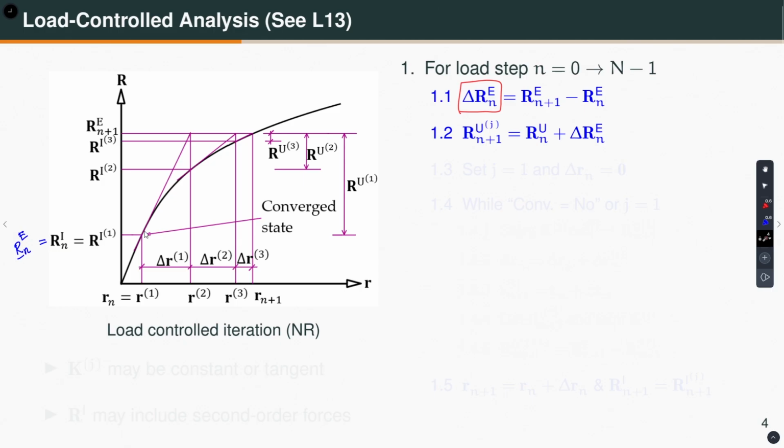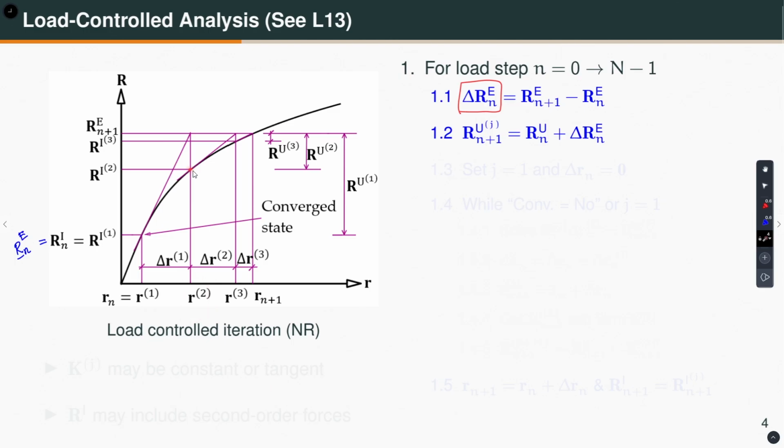So, what we do in a Newton-Raphson iteration, if you remember, we form the tangent stiffness matrix and we divide this unbalance. Basically, we solve the equation, okay, and we get this incremental displacement in the first iteration, Δr1. Okay. So, what is my total displacement? Well, this is equal to this displacement plus that displacement. So, this is my new displacement, right.